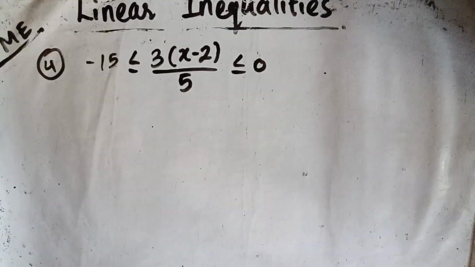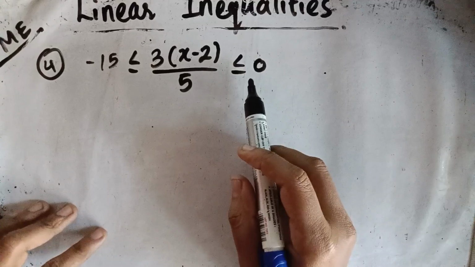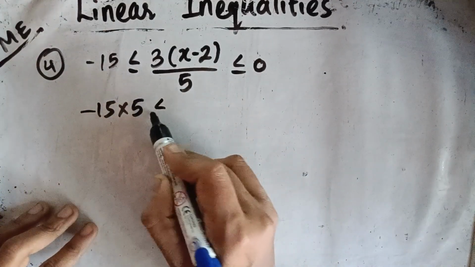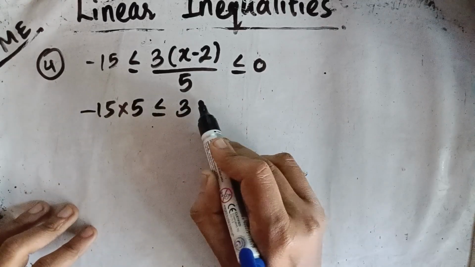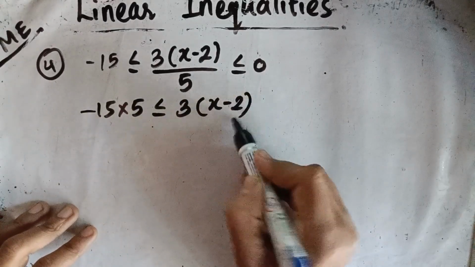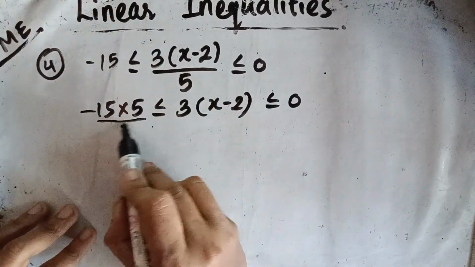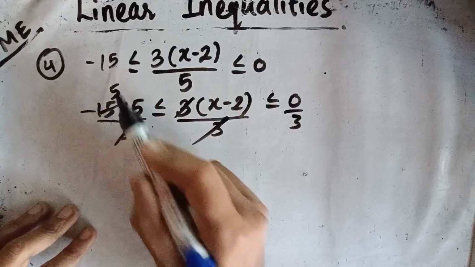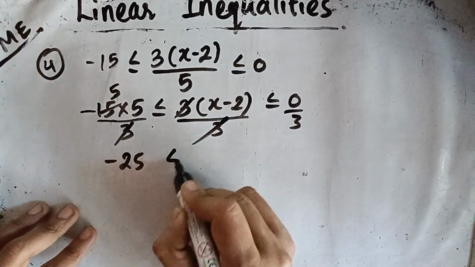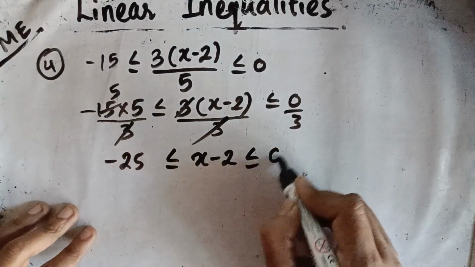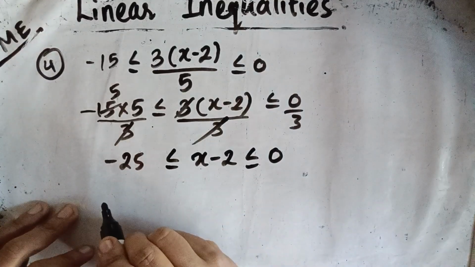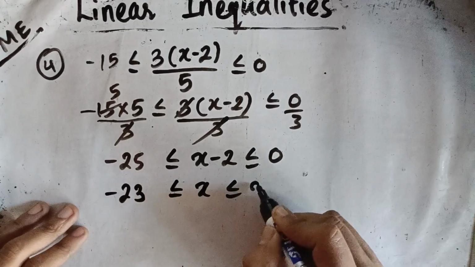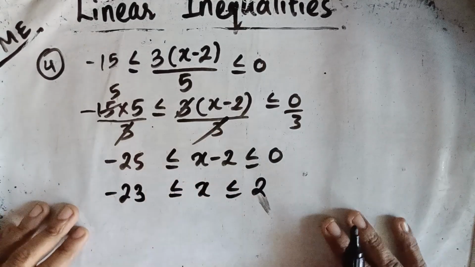Okay, next question, multiply by 5, divide by 3, 25, adding 2, so this is 23, 0 plus 2, so 2.